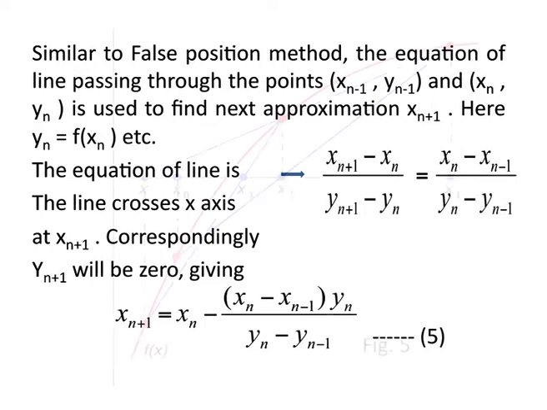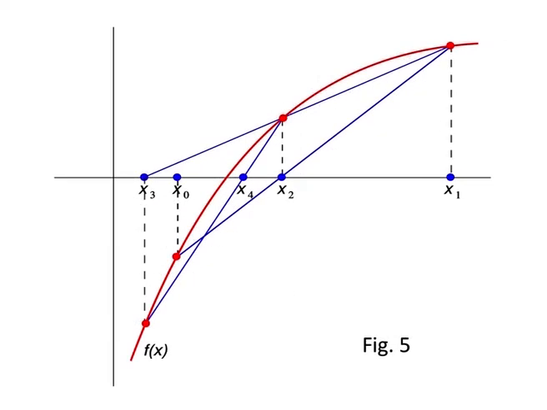You can see in figure 5 the working of the secant method. We have x 0 and x 1, these are the initial values, and we draw a secant, that means a line passing through these 2 points, and this line passes through x 2.